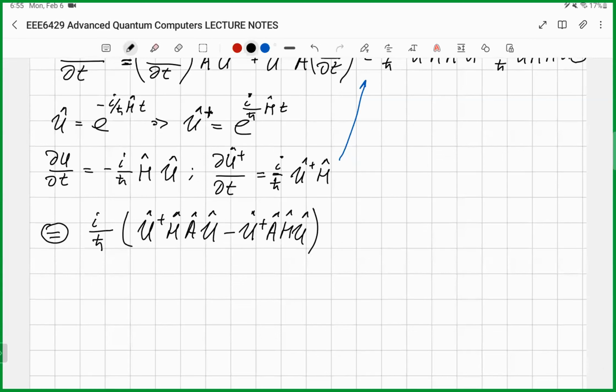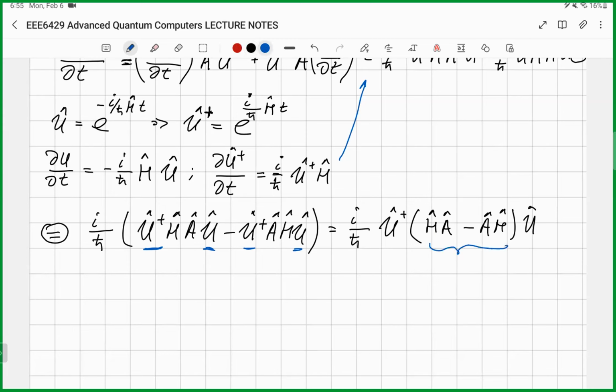So now I see that here I have U dagger on the left, U on the right, and here U dagger on the left, U on the right. So I can rewrite this as follows: i over h, then U dagger here, then in parentheses H A minus A H, and U here. So this guy in the parentheses is nothing but the commutator.